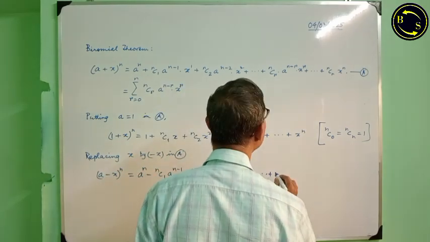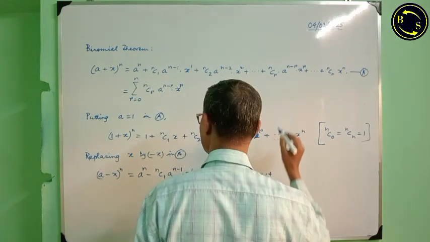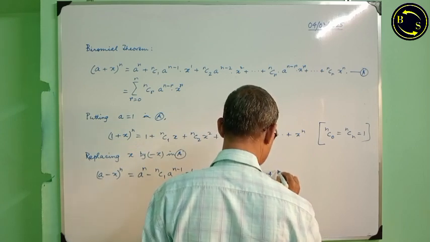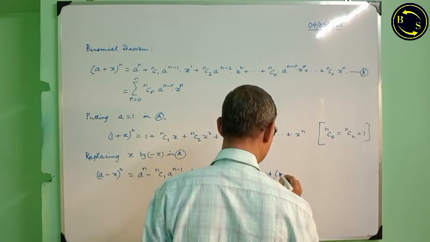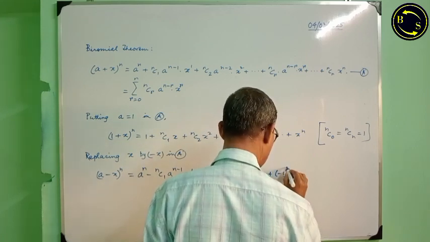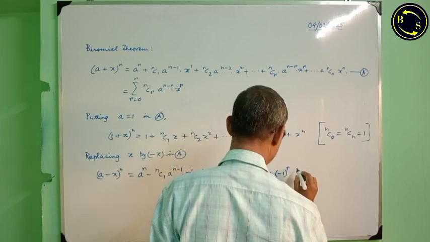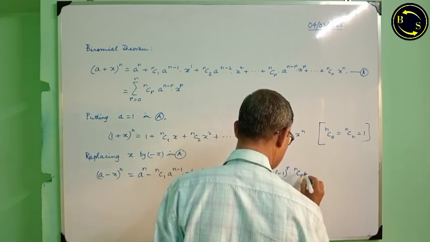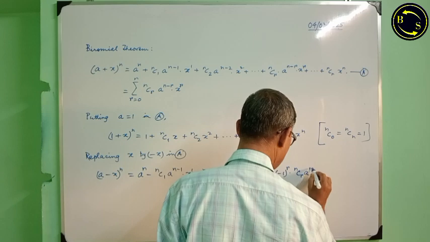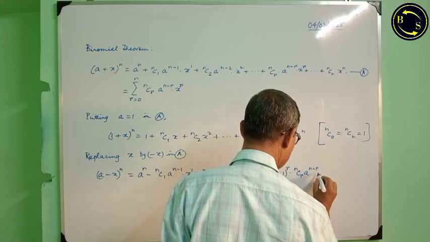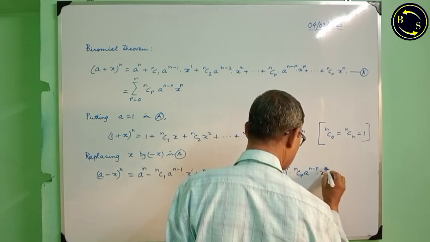Then the r plus 1th term will be minus 1 whole to the power r nCr a to the power n minus r x to the power r.